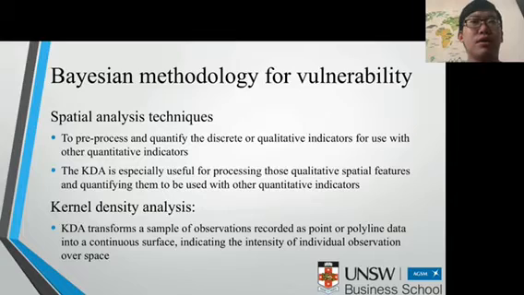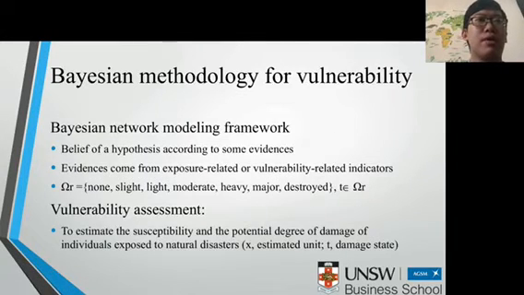KDA transforms a sample of observations recorded as point or polyline data into a continuous surface, which indicates the intensity of individual observation over space. The Bayesian network modeling framework is based on the belief of a hypothesis according to exposure-related or vulnerability-related indicators, and vulnerability assessment is to estimate the degree of damage of individuals exposed to natural disasters.